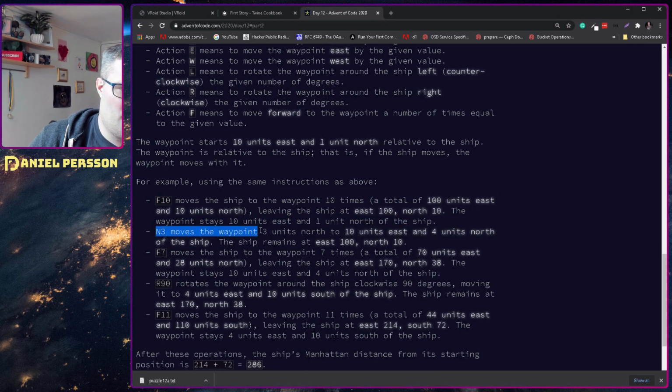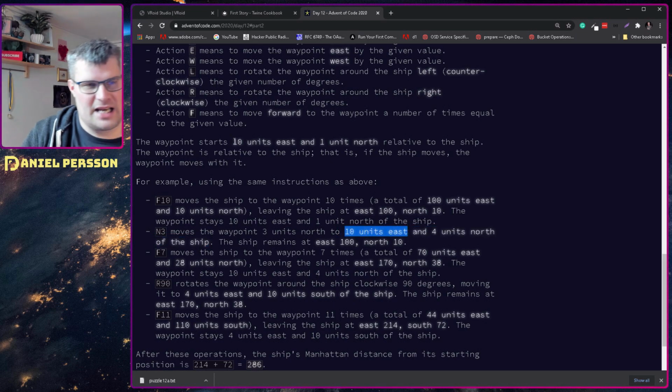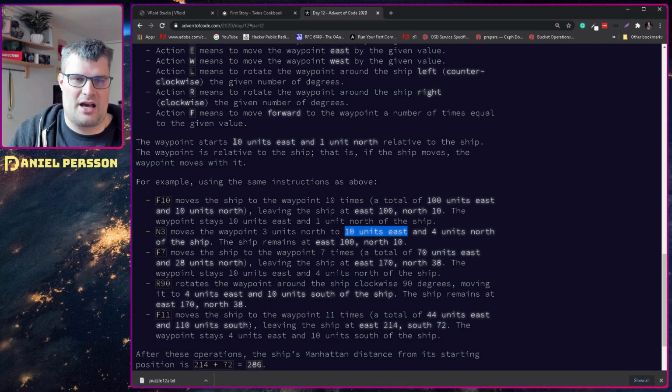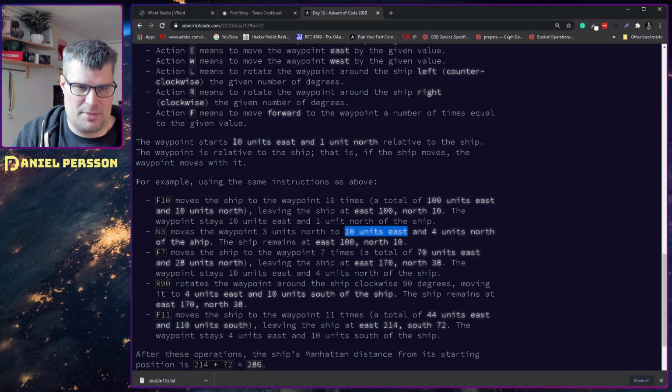N3 moves the waypoint 3 units north, so it stays at 10 units east and 4 units north of the ship.